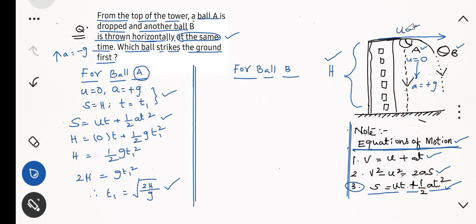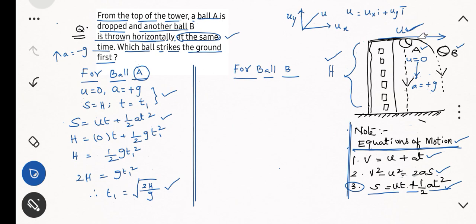In the case of a projected body, there must be u, and the velocity vector u can be resolved into two components. First one is ux, the horizontal component, and second one is uy, the vertical component. So u can be written as ux i bar plus uy j bar. Here ux and uy are the horizontal and vertical components.